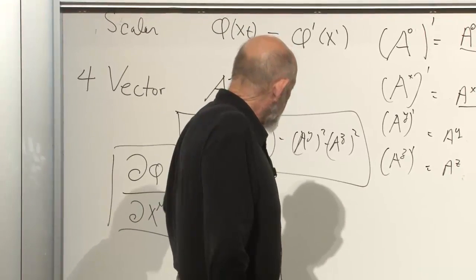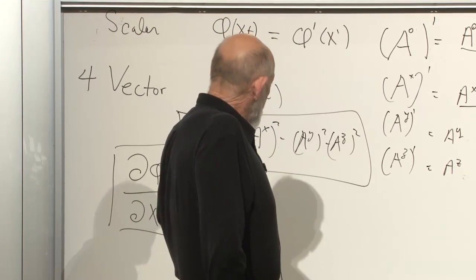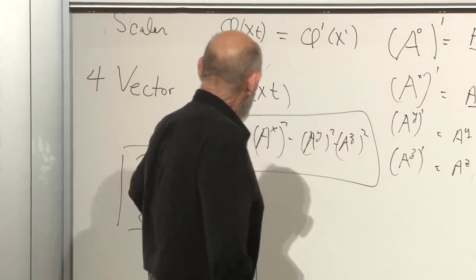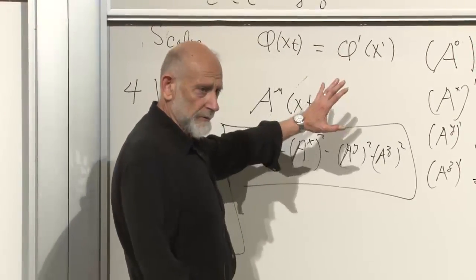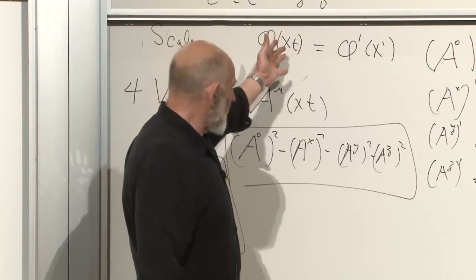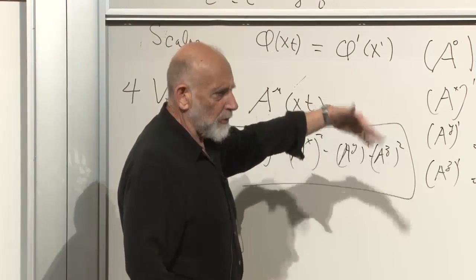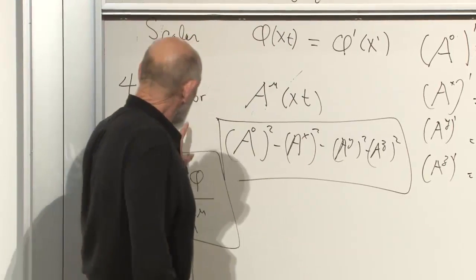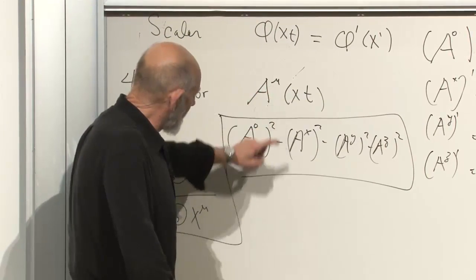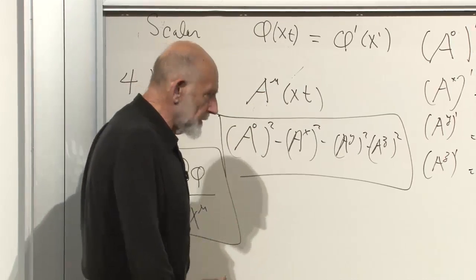No, I don't know anything like that. Now, of course, what you can have, the scalar is a thing with only one component. It's not an x component, it's not a y component, it's not a z component, it's not a t component, it's just the scalar. The vector has four components labeled by x, y, z, and t.